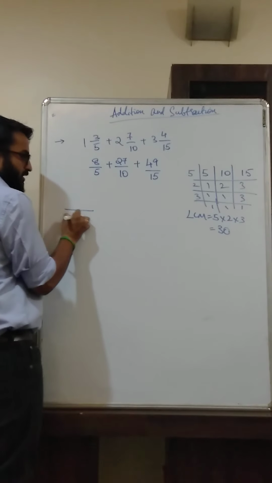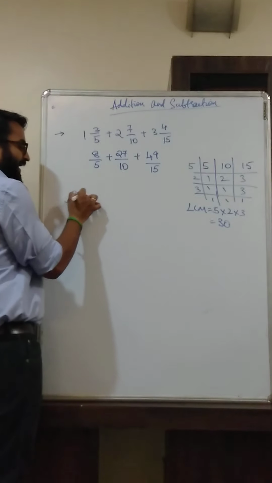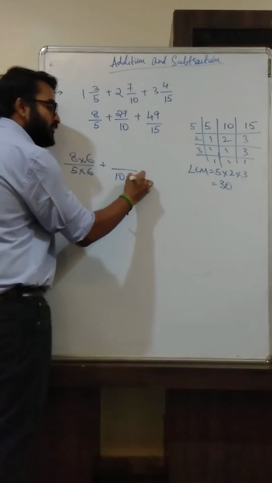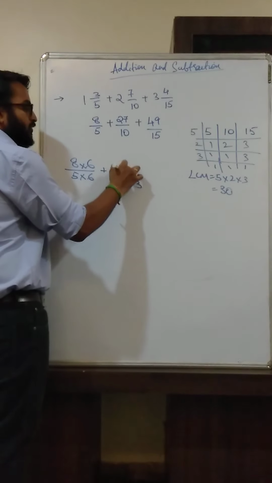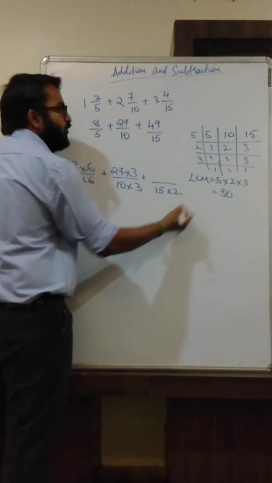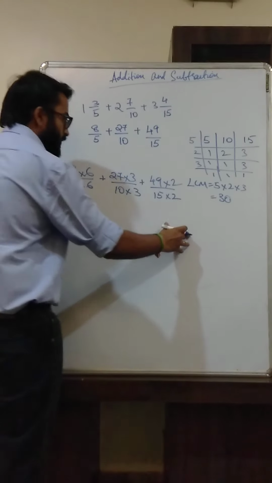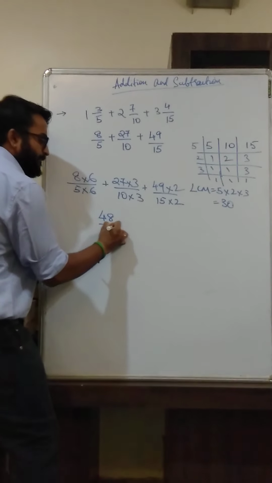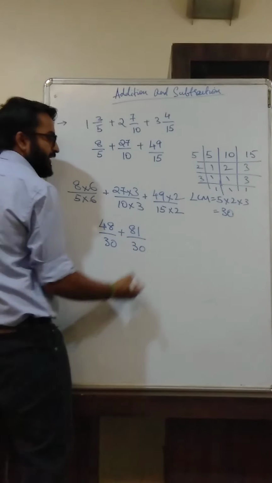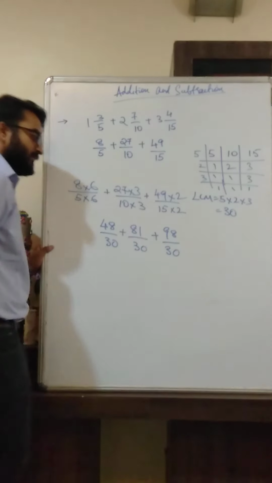Now 5 into 6 is 30. So 8 into 6 plus 10 into 3, 27 into 3 plus 15 into 2, 49 into 2. Now 48 by 30 plus 81 by 30 plus 98 by 30.